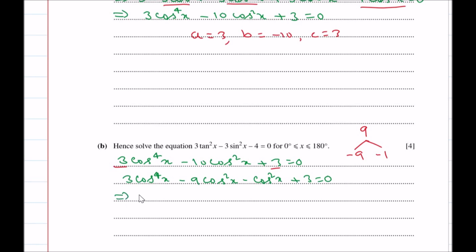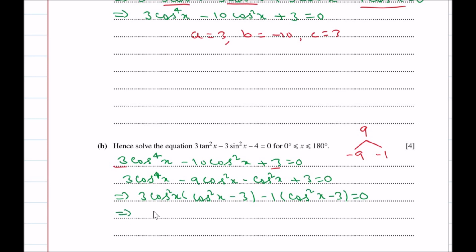Now we can take 3 cos square x common. So we get cos square x minus 3, minus 1 into cos square x minus 3 equal to 0.